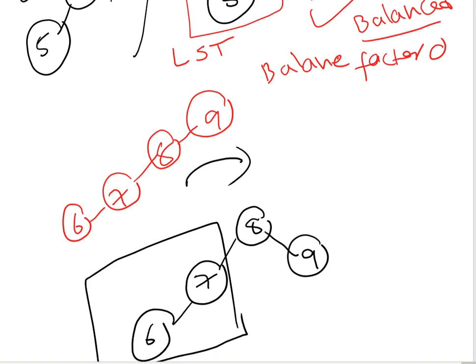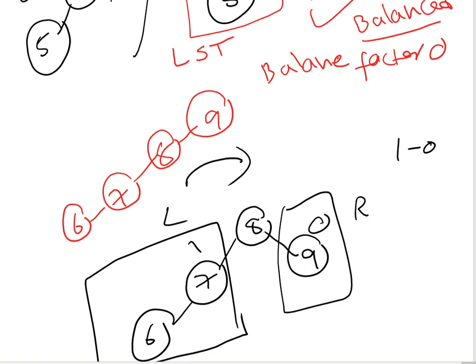This is left. This is the right and left. What is the difference here? What is the height of the left subtree? 1. What is it here? 0. 1 minus 0 is 1.